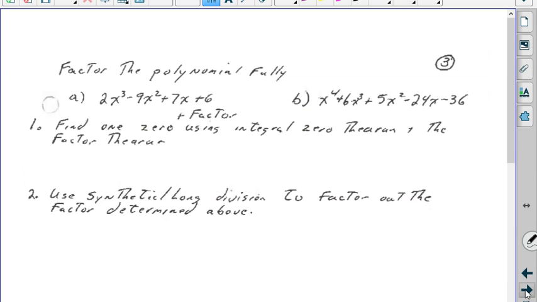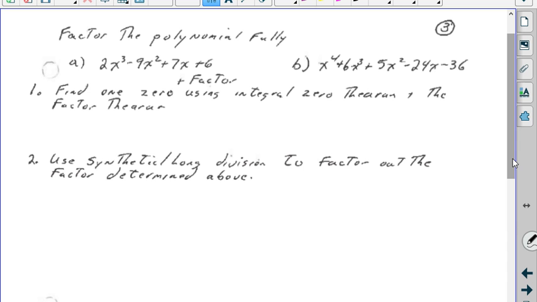So for this one, what are the possible factors? Well, we could have x minus 1, x plus 1, x minus 2, x plus 2, and so forth. Let's find one that actually works. I'm just going to plug it in my head. We have minus 7.